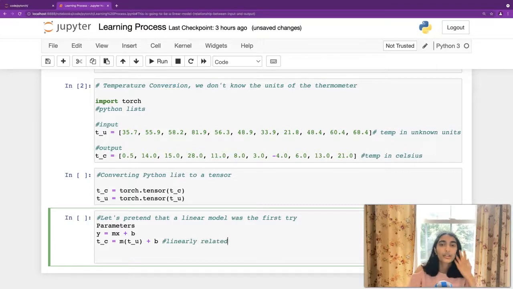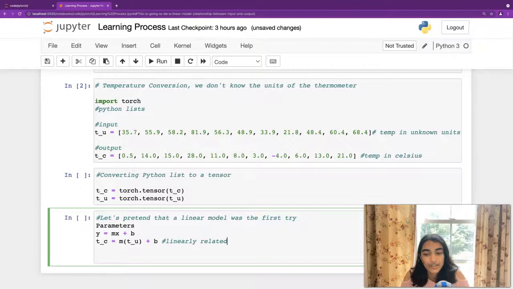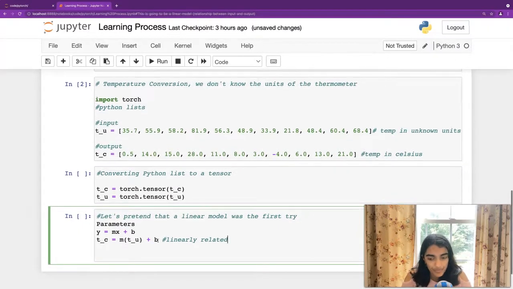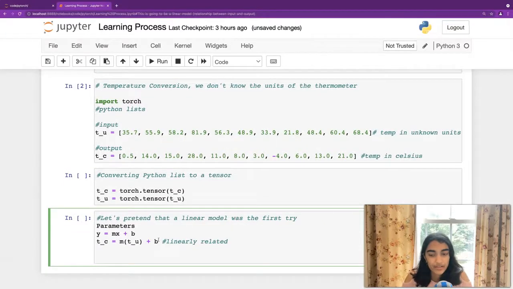And also, when you start reading what other people are doing, maybe with their research, you might come across some linear algebra terms, and they might say, hey, this is a linear combination of some features. That's just another way of representing linear equations.